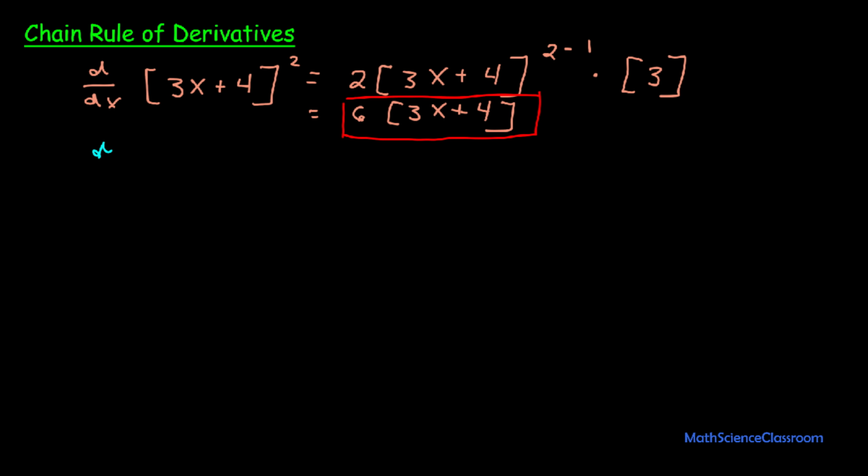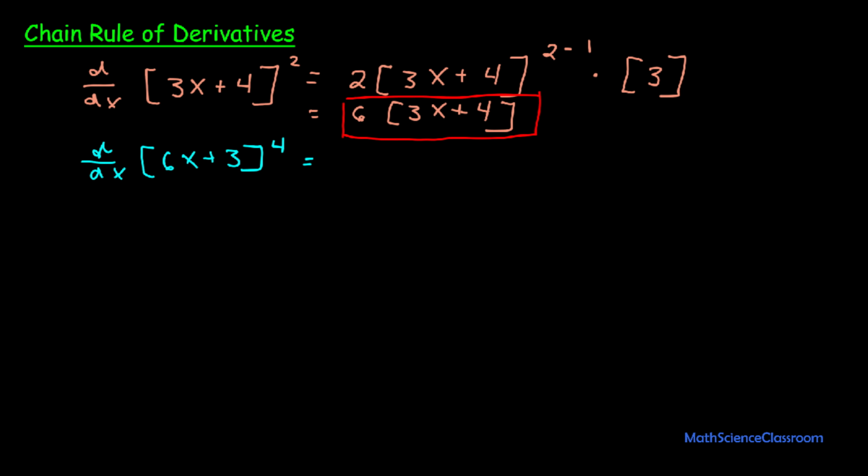Let's do another. d/dx of (6x plus 3) to the 4th.